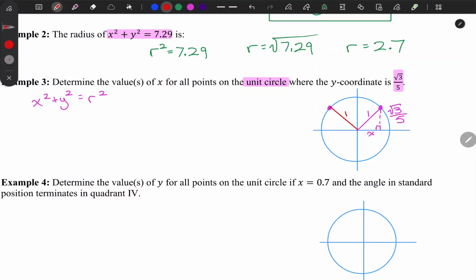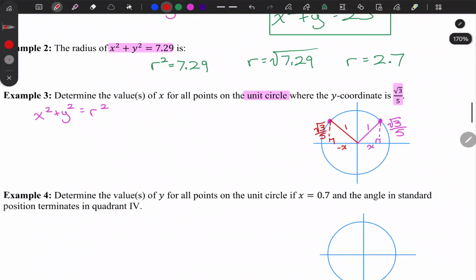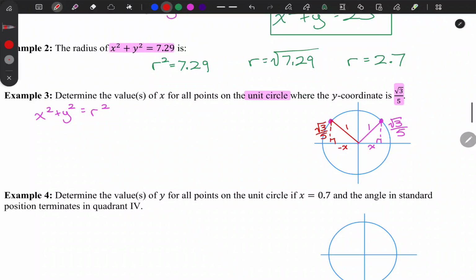Same radius of 1, same y value of root 3 over 5. The difference comes down to the fact that whatever our x value is, it's going to be negative instead of positive. I'll just write in negative x. So we can solve this using the equation, given that we know y and r, and we're just finding x. And we know that we will have two possible solutions for x, the positive and the negative.